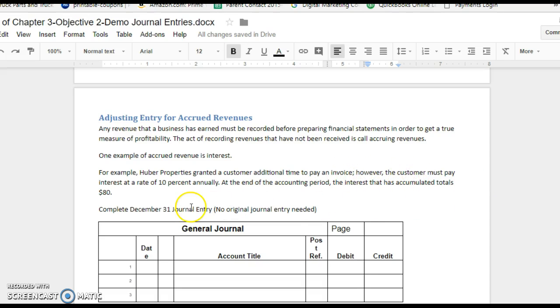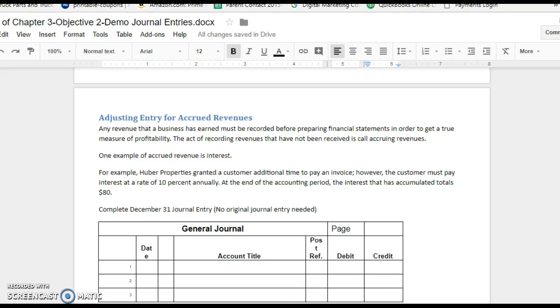However, the customer must pay interest at a rate of 10% annually. At the end of the accounting period, the interest that accumulated totals $80. So how are you going to do that? No original entry, we just have to get it on the books. Accrued, we need to add it.